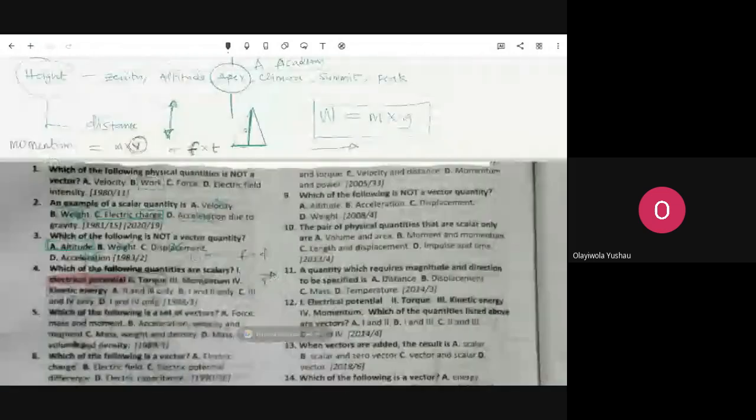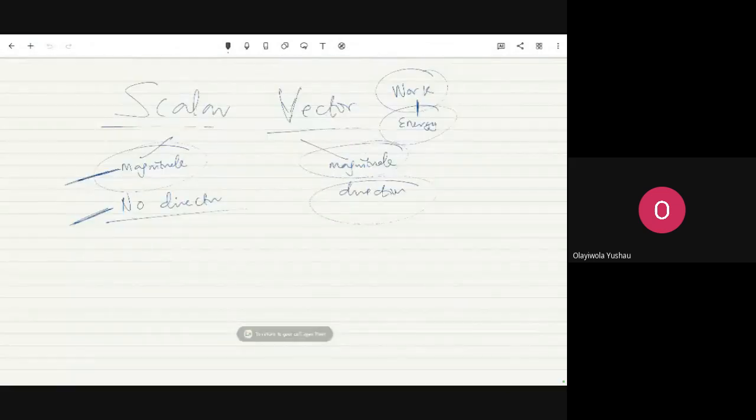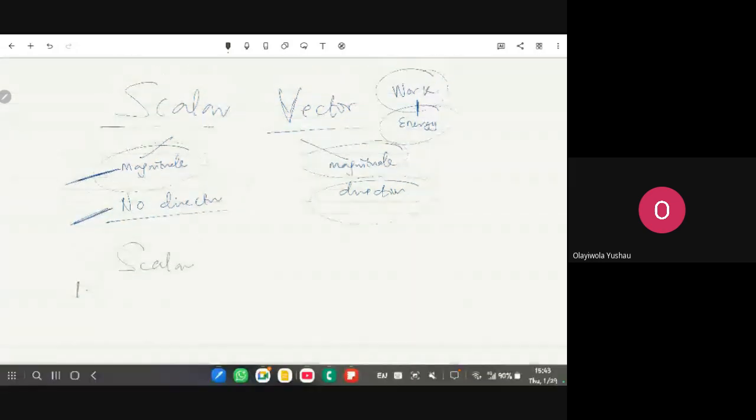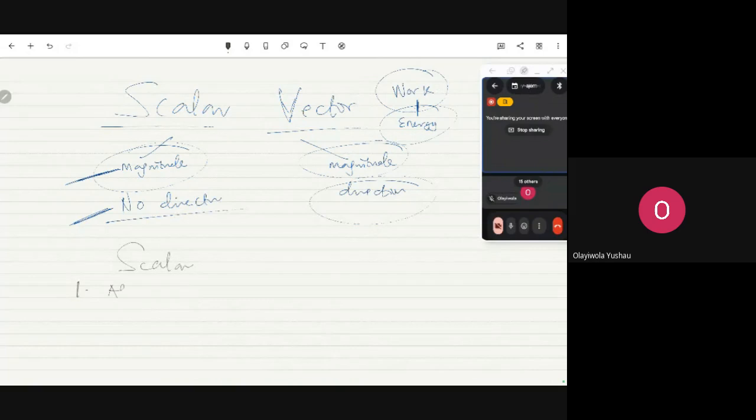Okay. So I said to make it easy, let's put scalar quantities into two categories. Category number one, all fundamental, right? So you already know what I'm talking about: the 7 quantities.